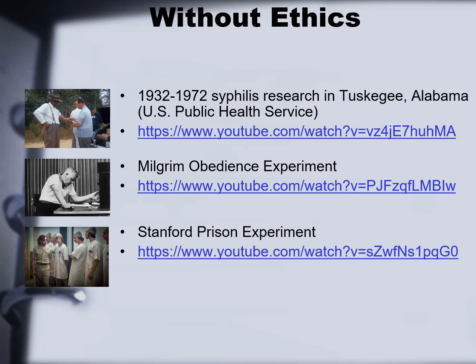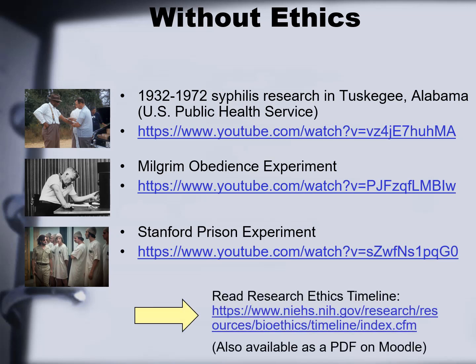What I've provided here are links to YouTube videos that I would like you to watch to familiarize yourself with the details of some of these experiments. The YouTube videos are relatively short, about 10, maybe 13 minutes each. I think the Stanford one is about 13 minutes. But go ahead and watch those. And then also, I'd like you to read this research ethics timeline by the National Institute of Environmental Health Sciences.